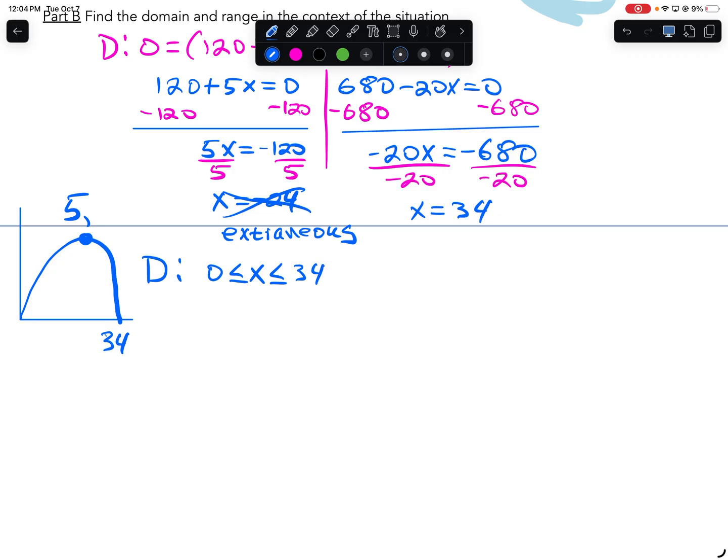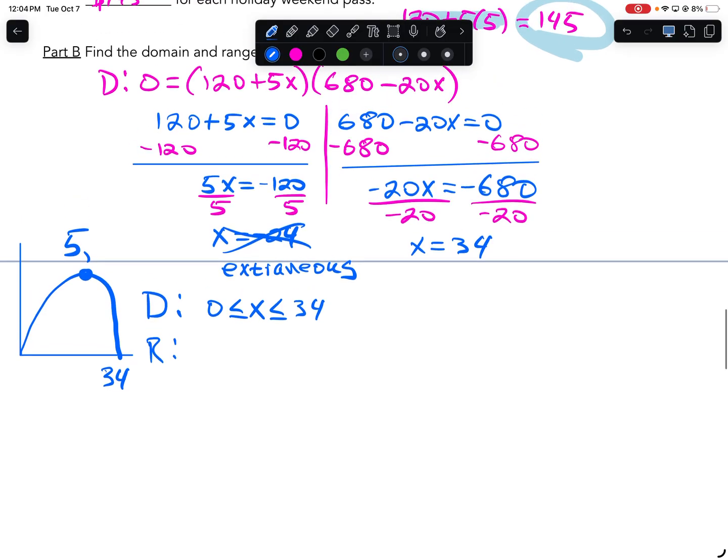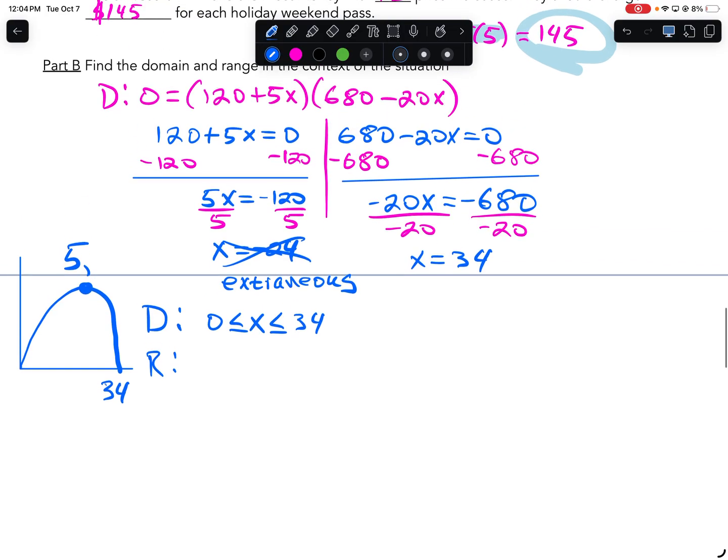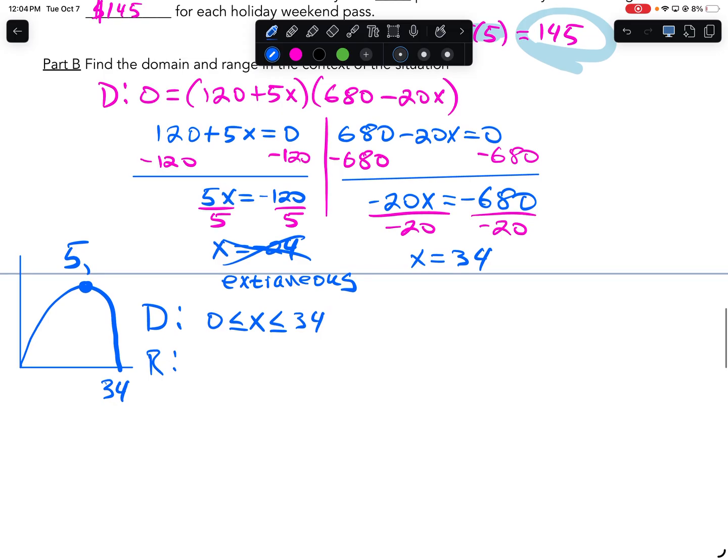Okay. Now we need to figure out our range. So we have to figure out the y value of the vertex to figure out the highest point on that graph. So to figure out the y value of the vertex, we're going to plug 5 into the original equation.